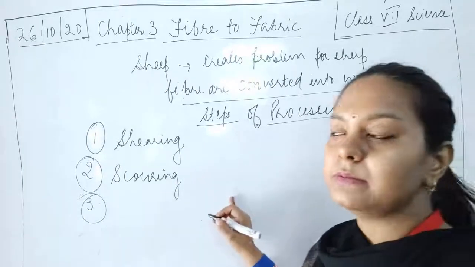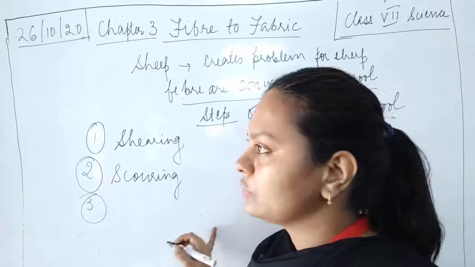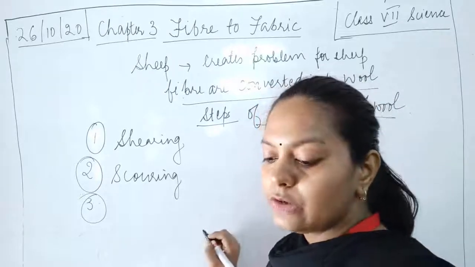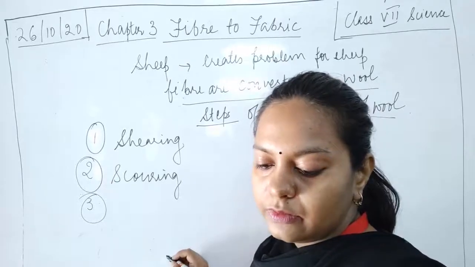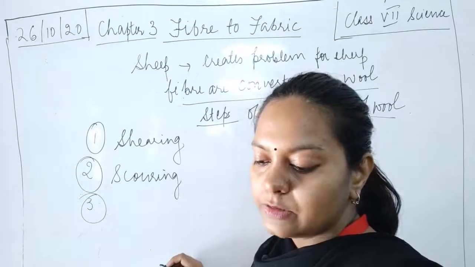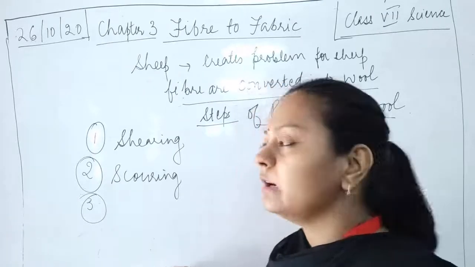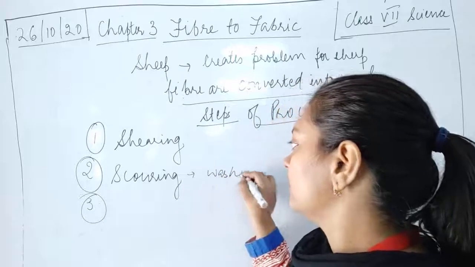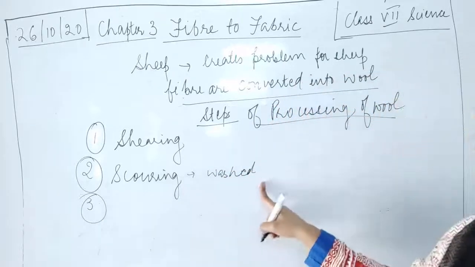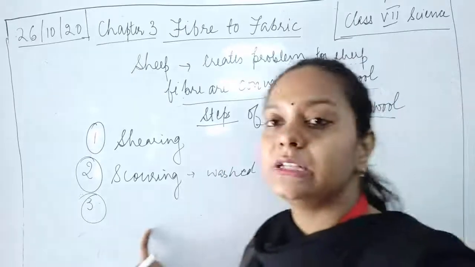Its hair becomes dirty because of the presence of dirt, dust, and different types of pollutants on the body of the sheep, so that has to be washed. After it is sheared, it is scoured. It is washed in machines.